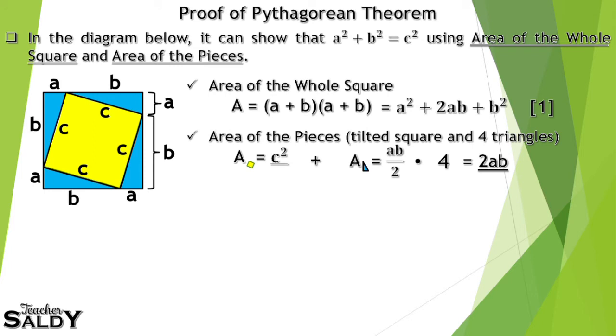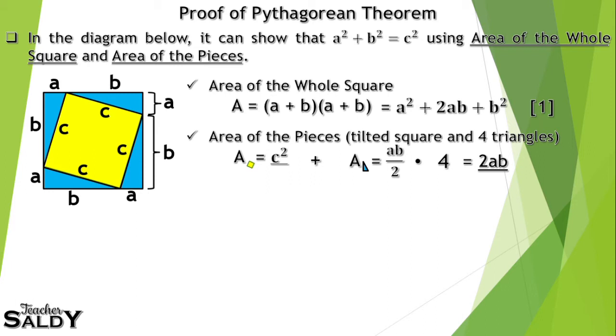Next, we have the area of the pieces. The area of the pieces have a tilted square and 4 triangles. Let's have first the area of the tilted square. Since we have C as the side, the area of the tilted square is C squared, plus the area of the triangle.